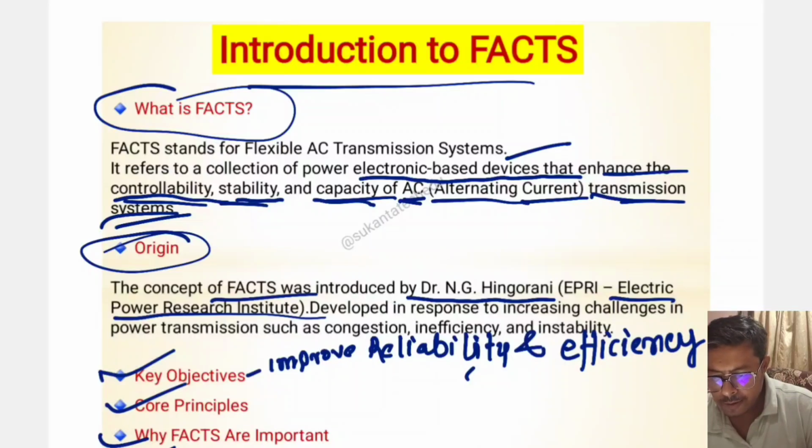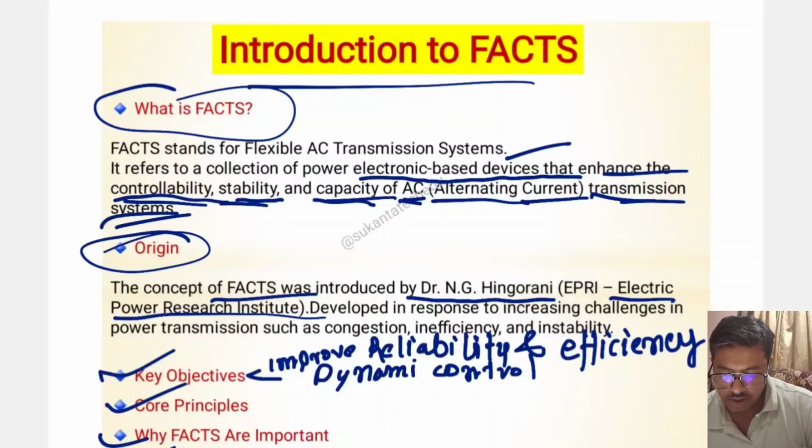Now what is the other objective? The other objective is to provide dynamic control over power flow. Other objectives are integration of renewable energy sources, and maximum utilization of existing infrastructure. So these are the main objectives of FACTS.